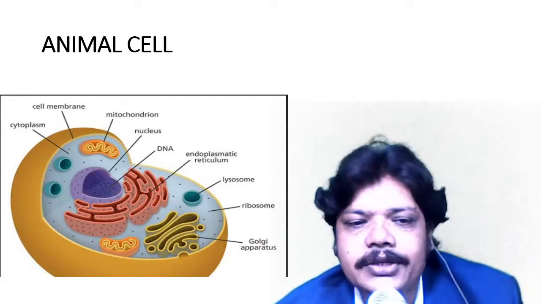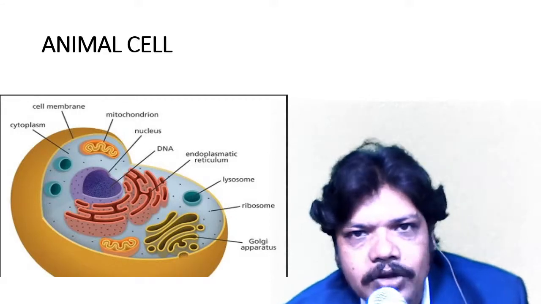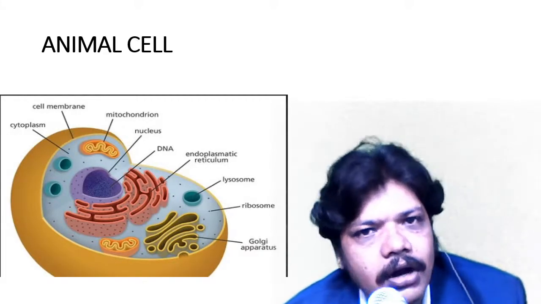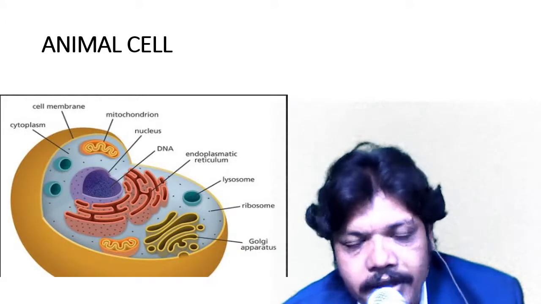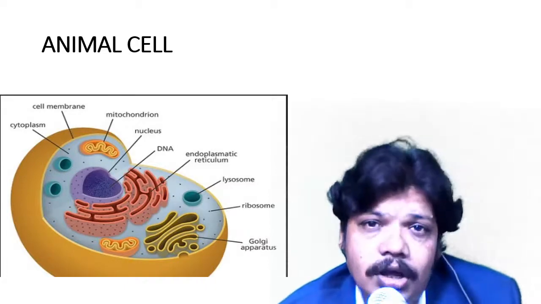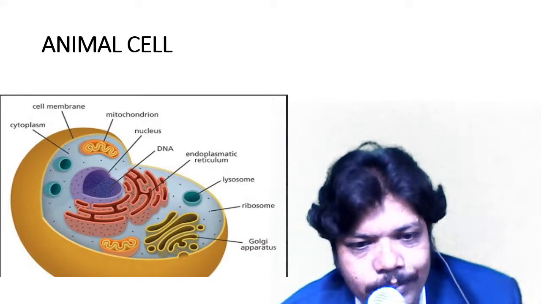It carries material from one part to another part, or packages the material. All these things are done by the endoplasmic reticulum, depending on whether it is smooth or rough endoplasmic reticulum.